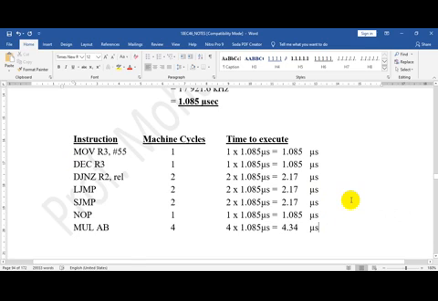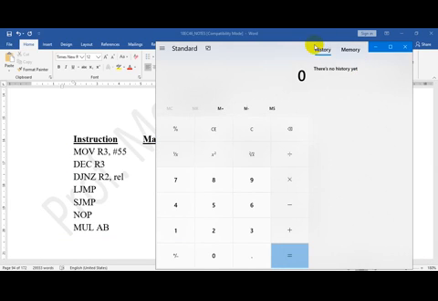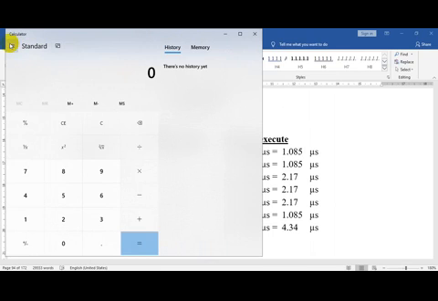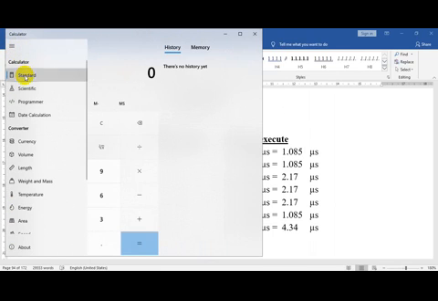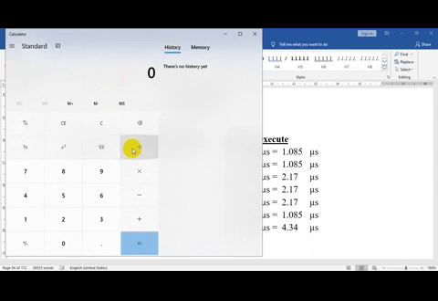You add these up with a calculator: 1.085 plus 1.085 plus 2.17 plus 2.17 plus 2.17 plus 1.085 plus 4.34.